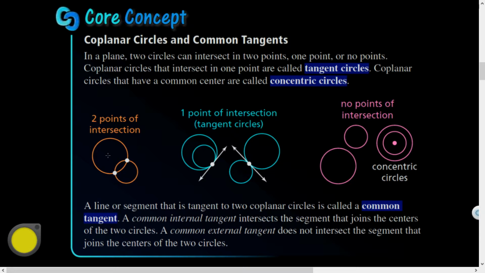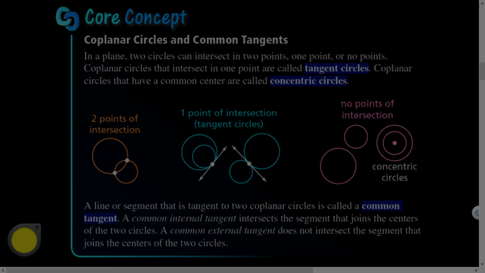So if I imagined the two circles having a segment that connected their centers, a common internal tangent would intersect that segment. A common external tangent would, however, not. All right, so let's keep going, friends, because these are going to get interesting.